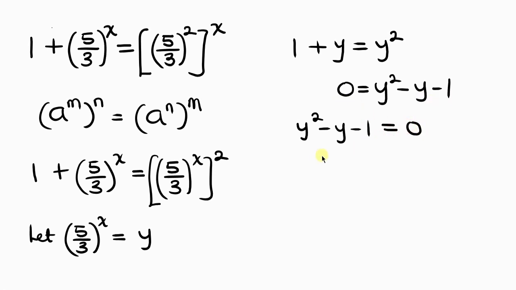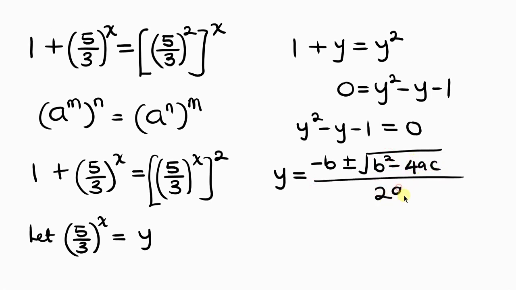Just flip the positions. Now, since we have a quadratic equation that we can't factorize, we're going to be making use of the quadratic formula. So since we're looking for y, the quadratic formula is equal to negative b plus or minus the square root of b squared minus 4ac all over 2a.